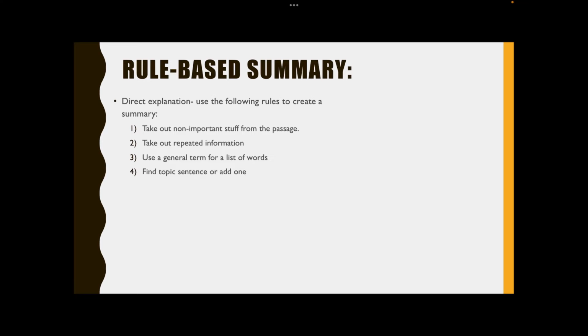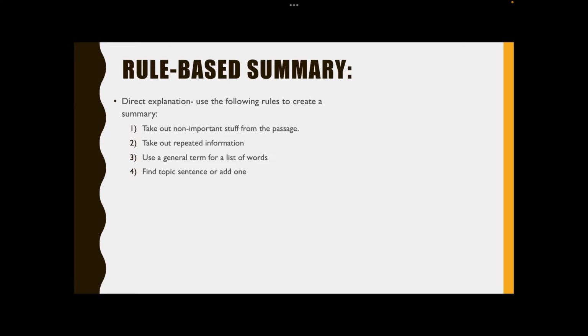All right, so we're going to move on to 3. 3 is use general terms for a list of words. So this means that if you have different words like elm, oak, redwood, those are all describing different types of trees.